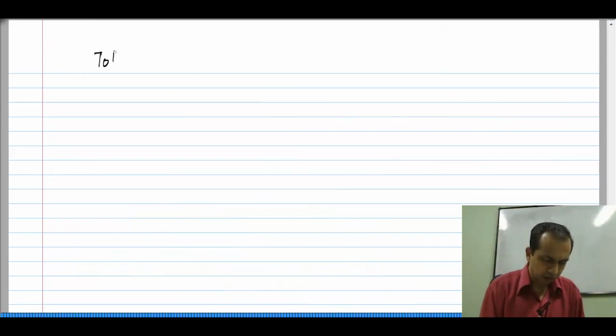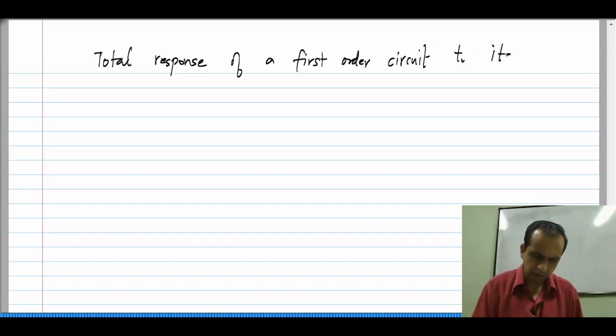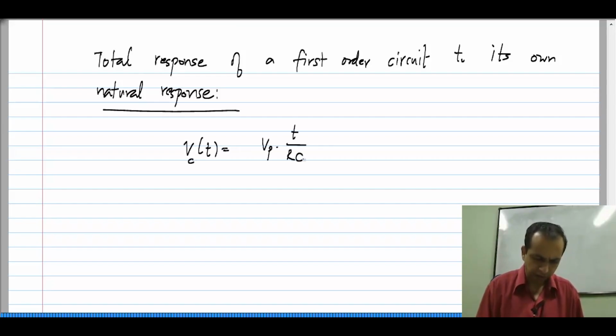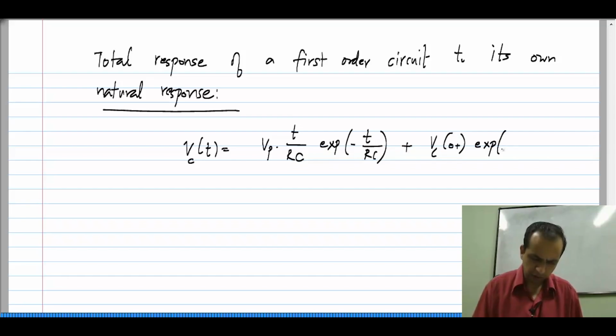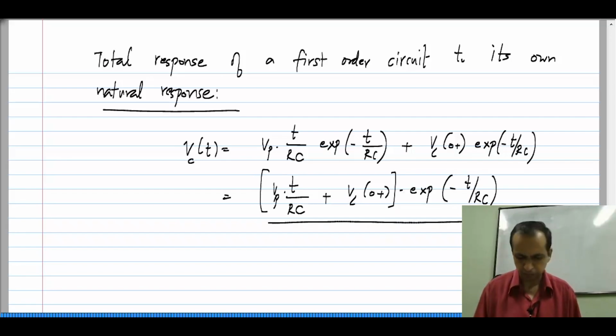So, in general, the total response of a first order circuit to its own natural response is this, which can also be written as Vp times T by Rc plus Vc of 0 times exponential minus T by Rc.